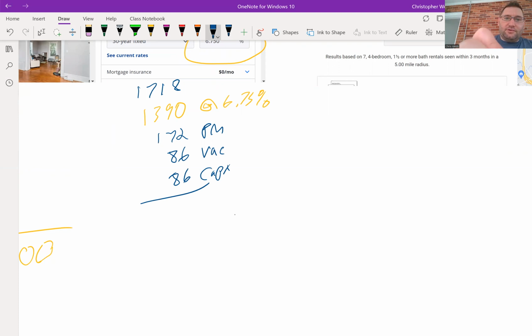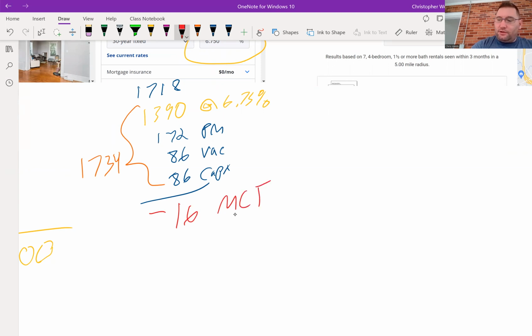Okay, and if we were to subtract this amount here, which is going to be 1734, we're going to get a negative $16 in monthly cash flows. Annually, that's going to give us a negative 192 in annual cash flows.